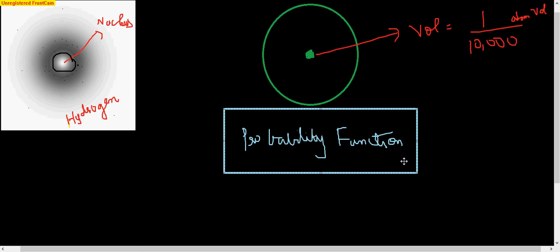It's just a probability function. I'll talk about that when I cover the different types of orbitals and the SPDF orbitals.